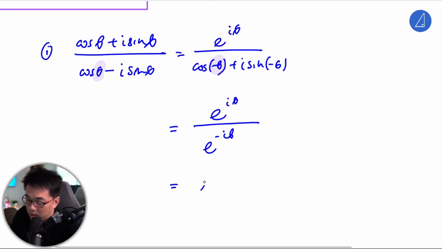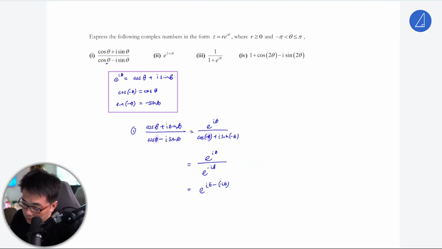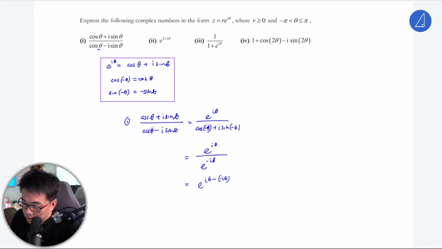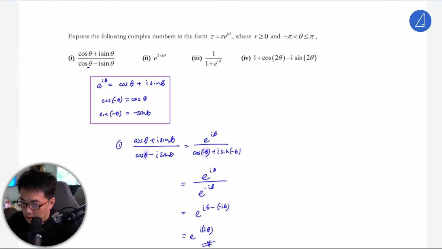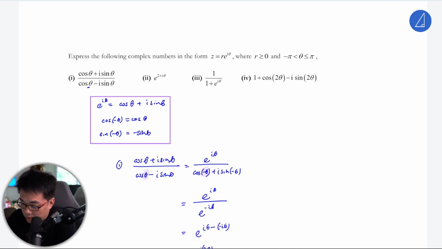So this case will be e^(iθ - iθ)... sorry, e^(iθ) times e^(iθ), so there will be e^(i2θ). All right, so there you go. So this is e^(i2θ).